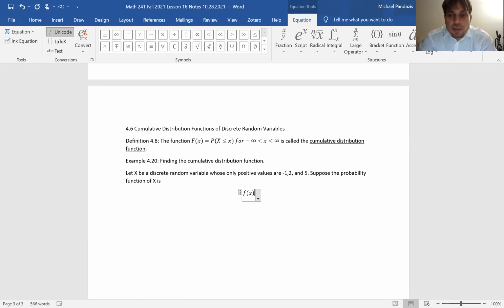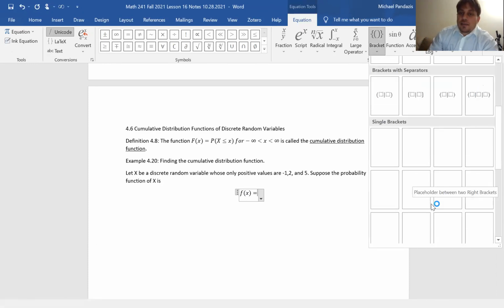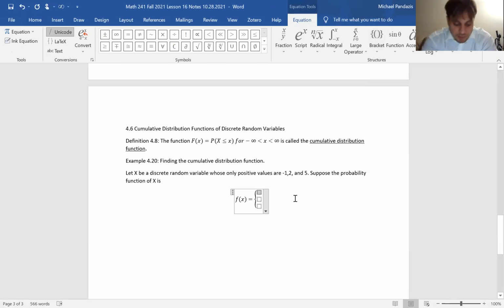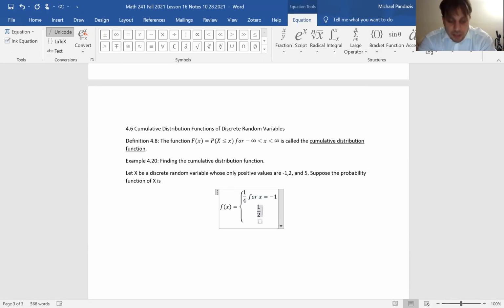Your probability function is little f of x, defined piecewise: it's equal to 1/4 for x equals -1, 1/2 for x equals 2, and 1/4 for x equals 5.